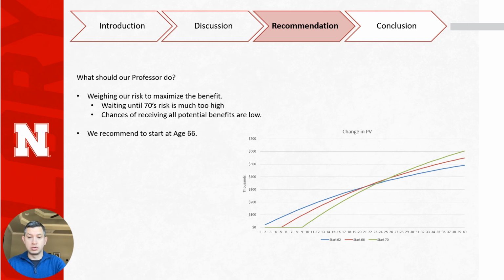This approach increases the amount our professor would receive compared to her deciding to start at age 62, as well as leaves some potential benefit on the table compared to waiting until age 70. But the risk associated with obtaining that additional benefit is much too high, and therefore the likelihood of receiving that full benefit is low.